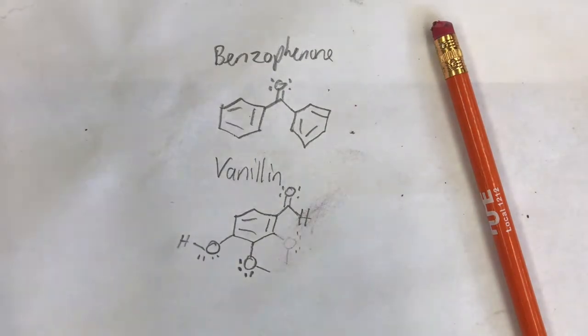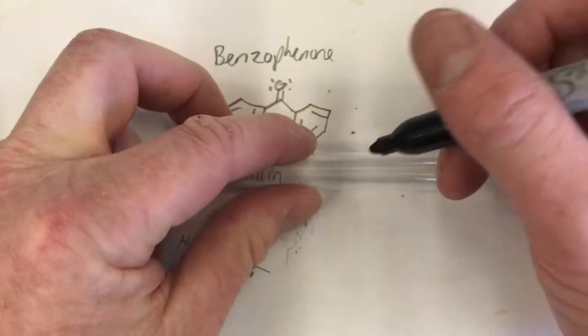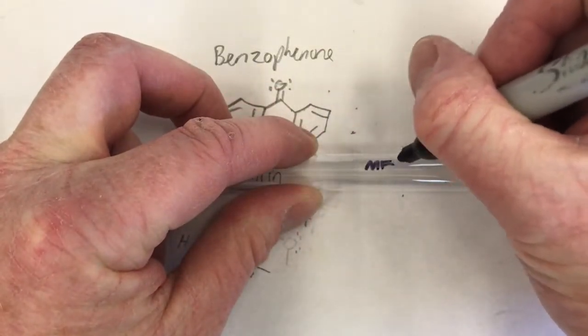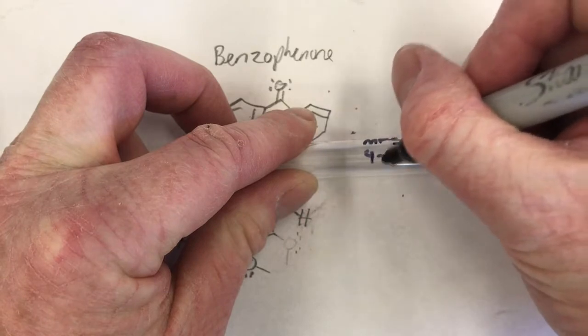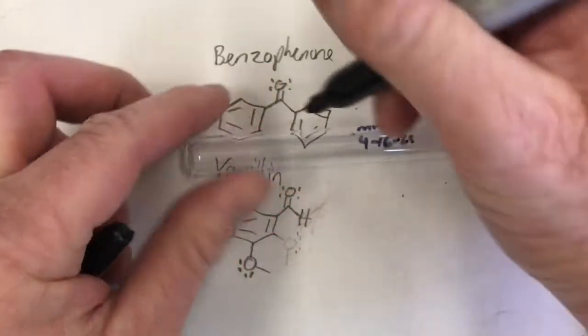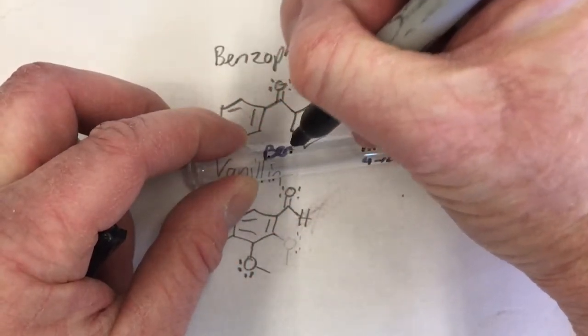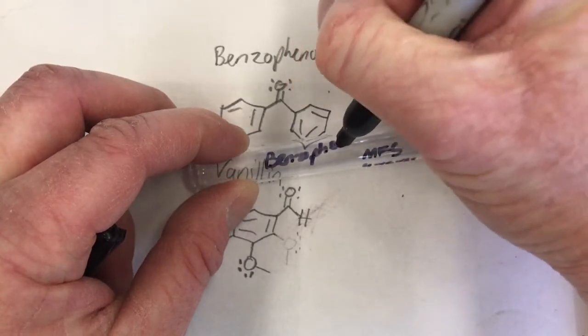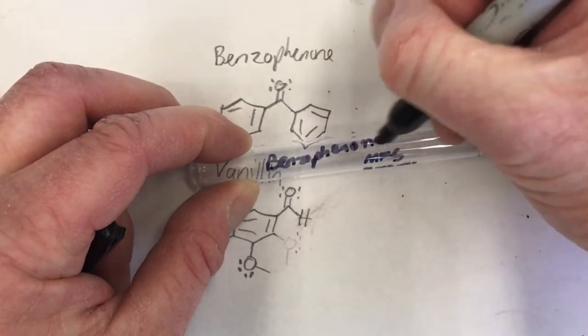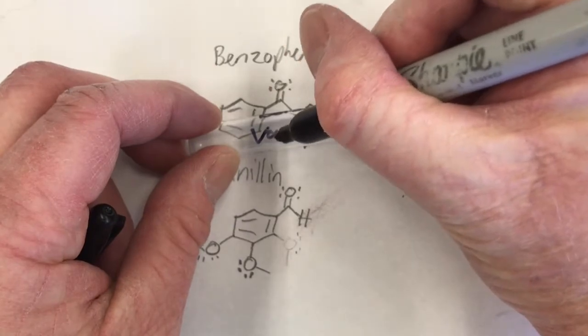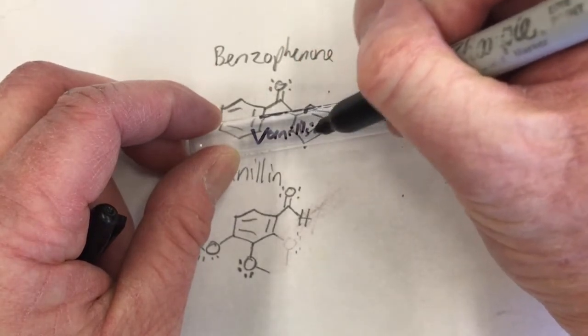So let's make up a sample of that first. I'll get a test tube and label it with my initials, the date, 4/16/21, and this is going to be benzophenone and chillin' with vanillin.